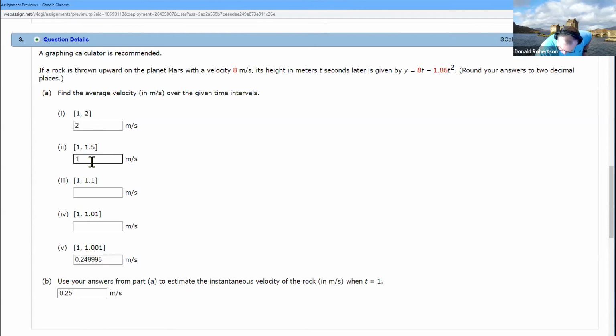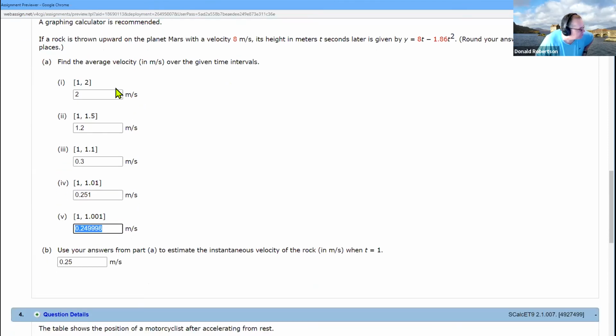I'll make it get there closer. Yeah, maybe something like that would happen. Do you see there's a distinct pattern of it homing in on a number? And when you're doing average and instantaneous, the only real guy that matters is this one, isn't it? Because he's the closest to one. But there should be at least a general trend toward this number.